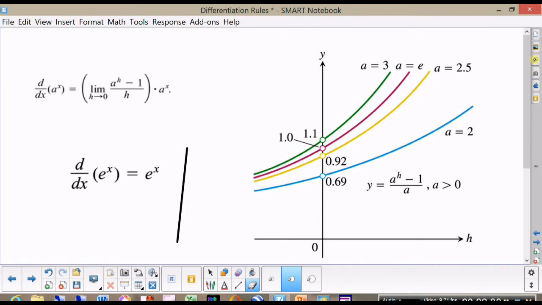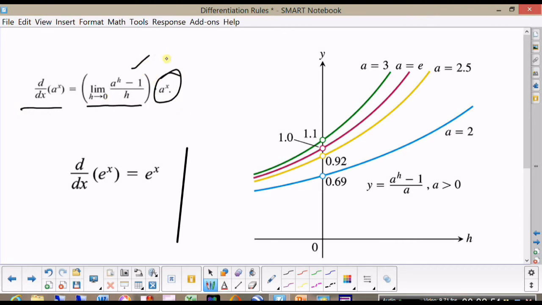Okay, looking at the fact that the derivative of a to the x is equal to a to the x itself times the limit of (a to the h minus 1) over h, we have on this page a graph of (a to the h minus 1) divided by h versus h for various values of a.